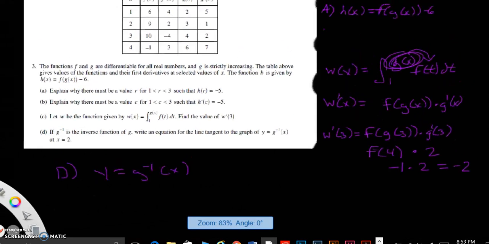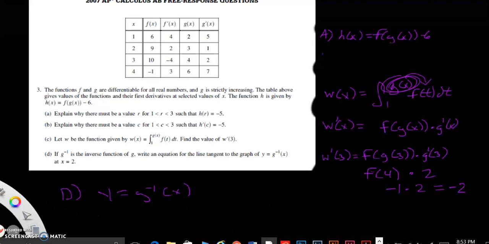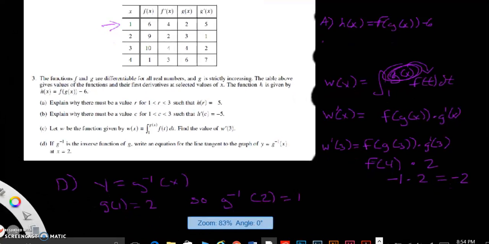What we have to realize is inverse means x and y switch. So what's going to give us 2? If you look at the table, we have g of 1 equals 2. So g inverse of 2 equals 1. Okay, now we need to find the slope.